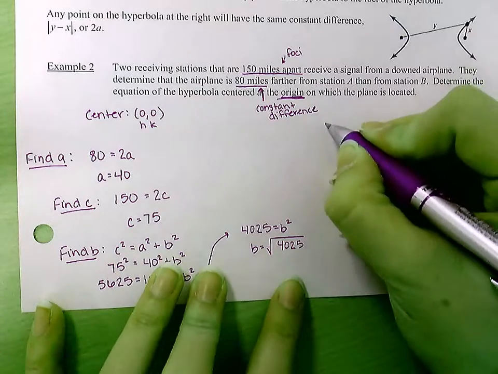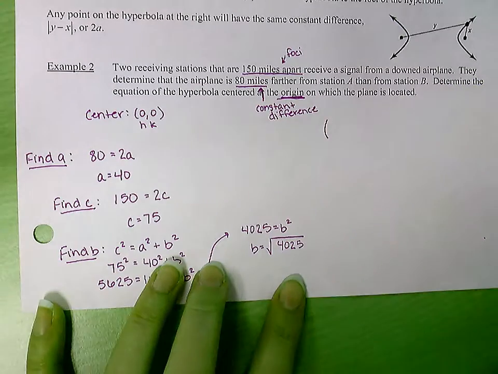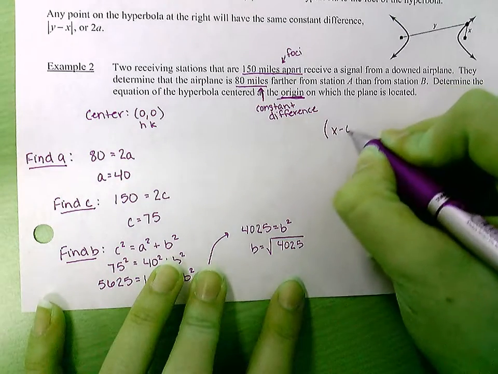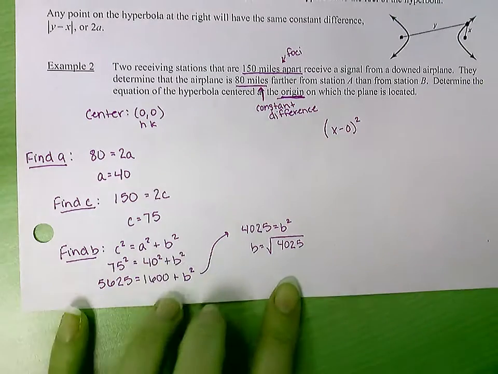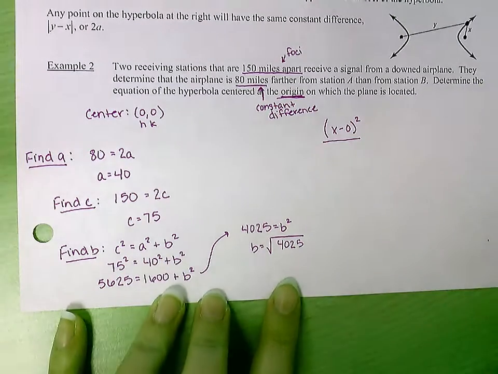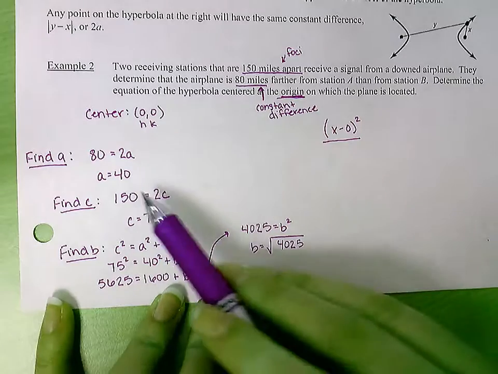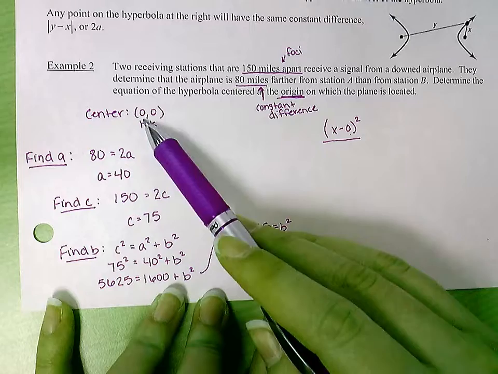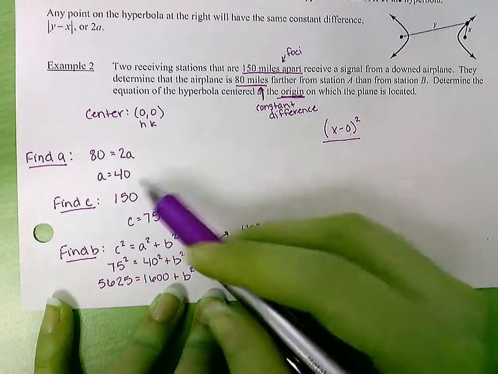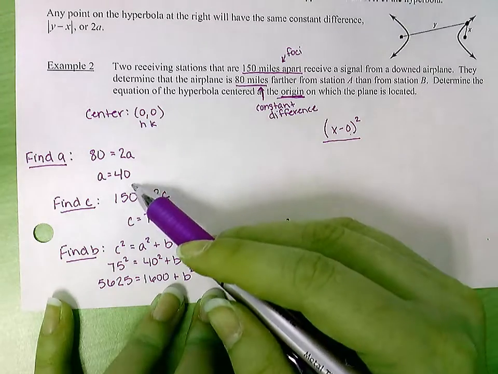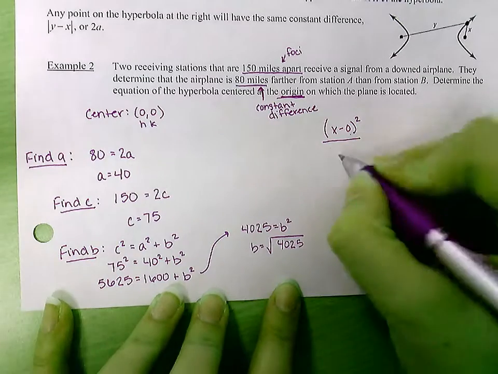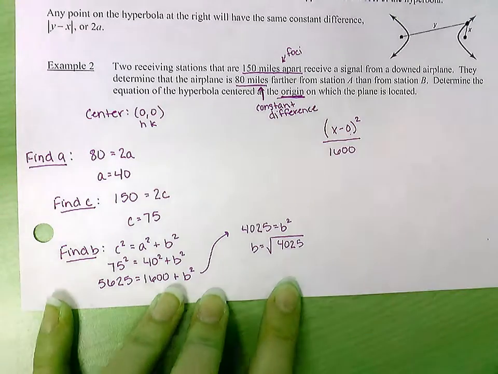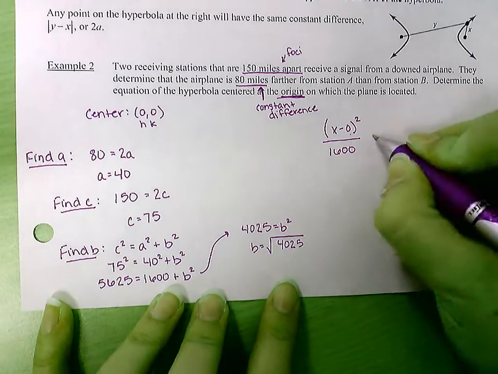So our hyperbola equation here is x minus h squared over a squared, where h is 0. Our a value is 40, so we'll square 40 and get 1,600.